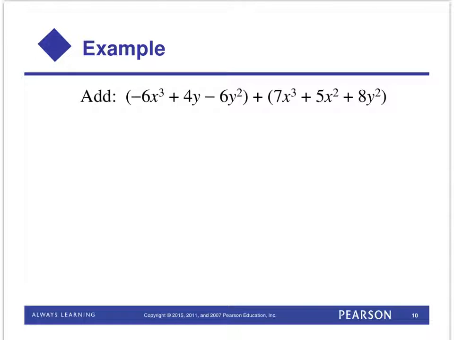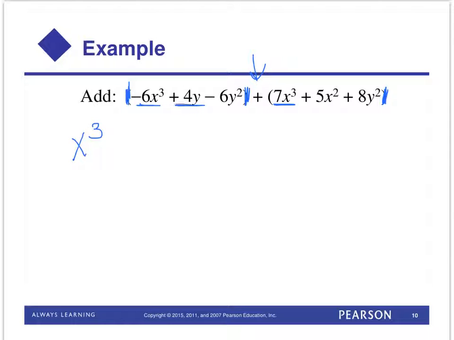Okay, let's look at this one. Notice what operation we have here. We have addition. So basically we can just drop these parentheses and gather like terms. So that's all I'm going to do, is drop the parentheses and gather like terms. I have a negative 6x cubed and a positive 7x cubed, so that's going to give me a 1x cubed.